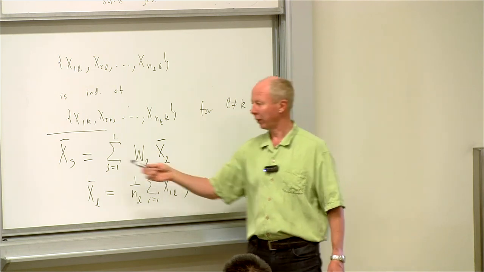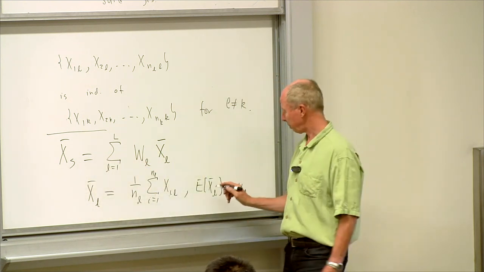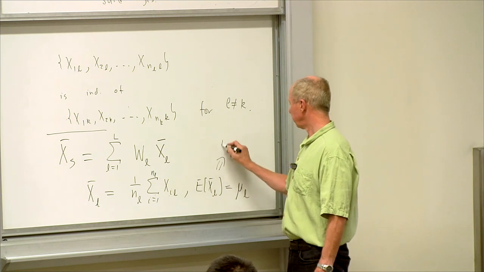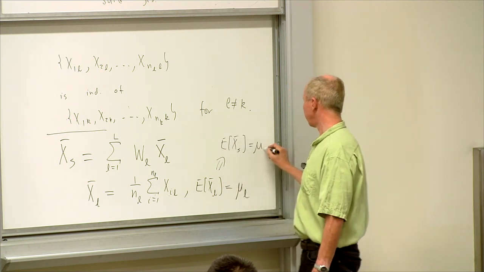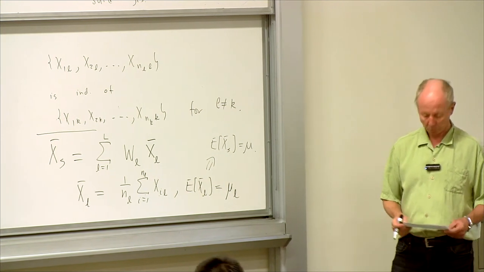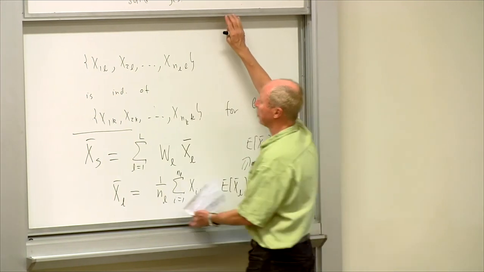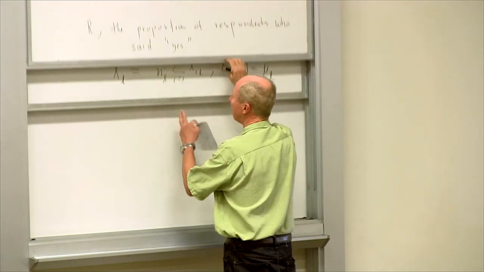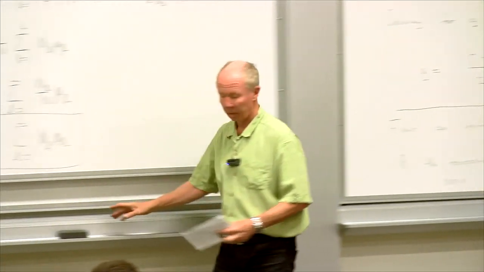This is mu L. So I get mu is the expected value of x s bar. So x s bar still gives us an unbiased estimator of mu. And using the independence of different strata, we can easily compute the variance of x s bar.